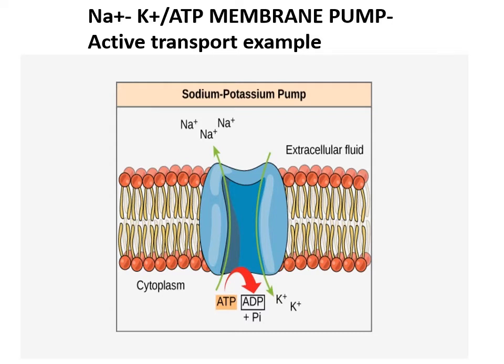Okay, so let's look at the sodium-potassium pump, which is in all cells of the body. And this is an example of active transport, right? So sodium is always higher in the extracellular fluid. It's more concentrated there. And it's at a lower concentration normally in the cell.